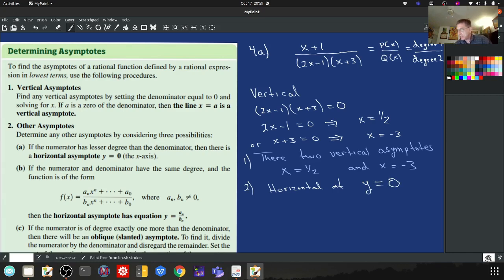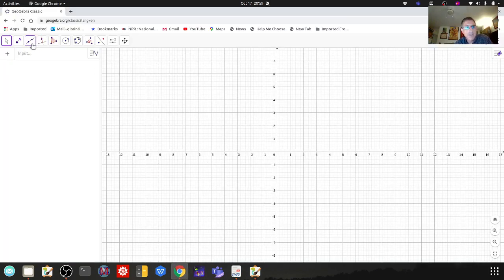Let's actually see what it looks like. Since the numerator and denominator are factored, we know the theorem holds because they're reduced in their lowest form. So let's go over to GeoGebra, and let's do some lines.